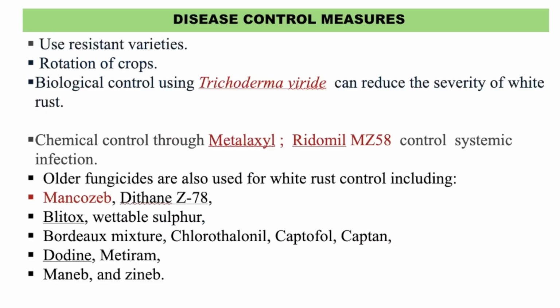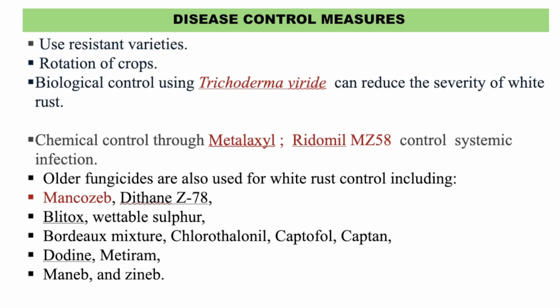Main disease control measures are the use of resistant varieties, use of biological controls, Trichoderma viride, a fungus, which can be used as a biological control for reducing this white rust. And then rotation of crops, using chemical controls.